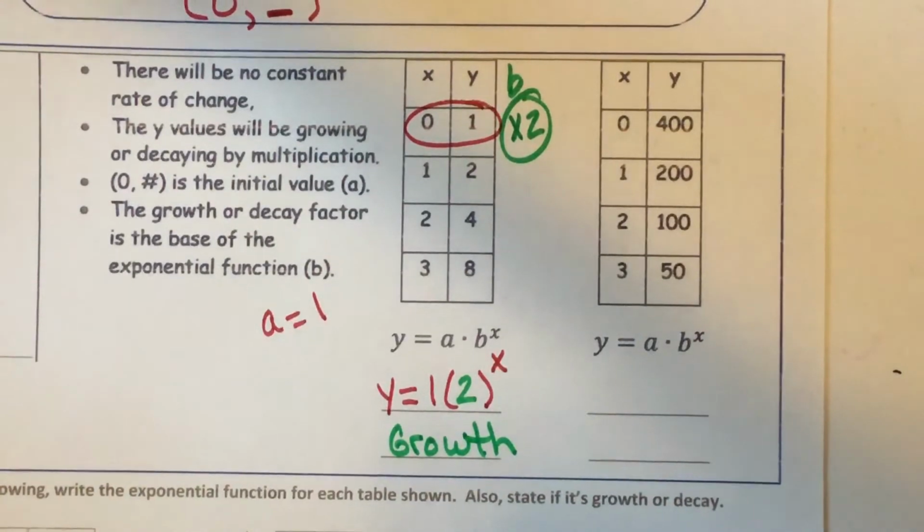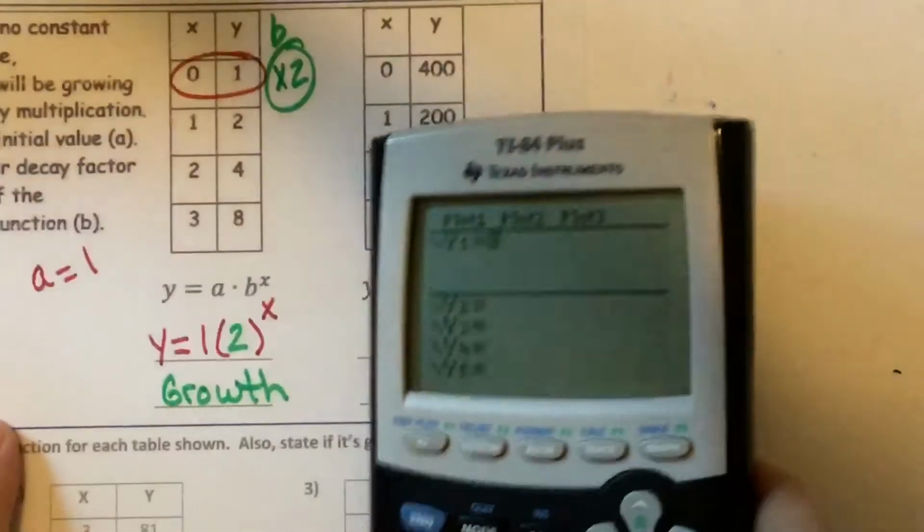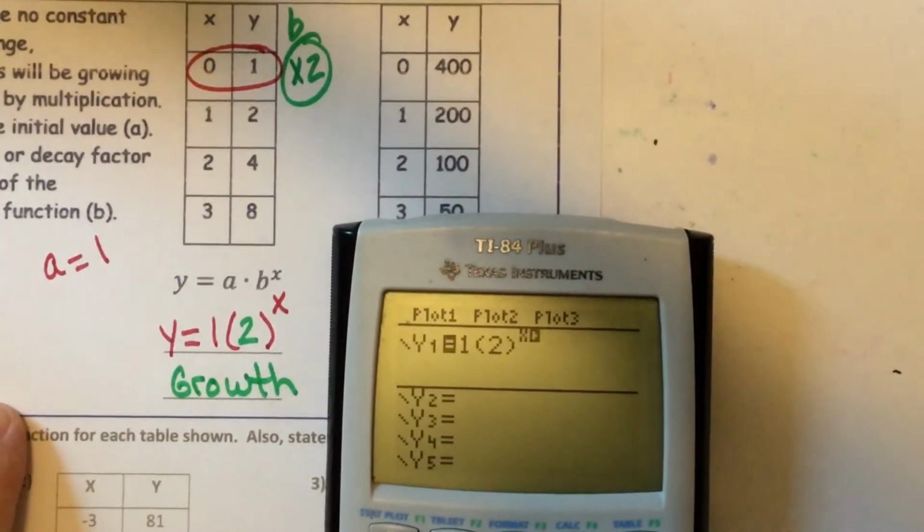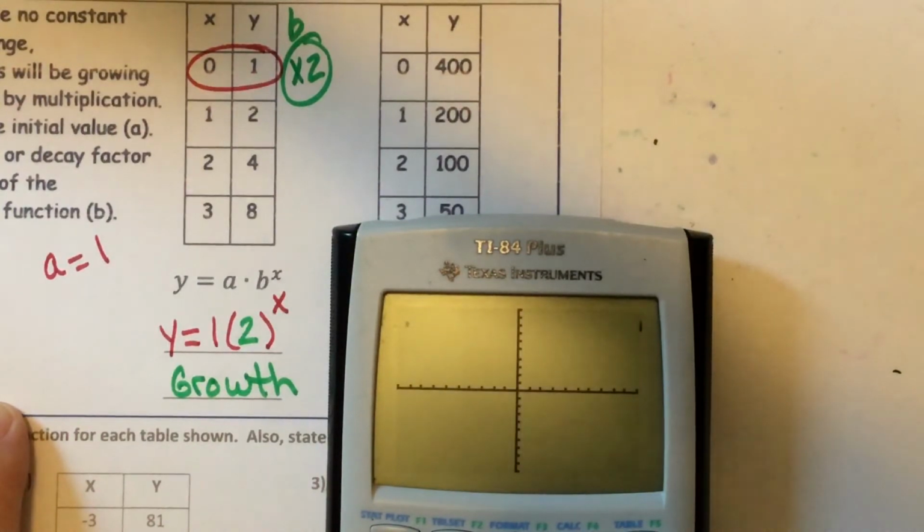And I'm just going to show you a picture real quick. There is the graphing calculator on our computer, but I'm just going to do it on my graphing calculator real quick so you can see it. So I'm going to type that equation in, 1 parentheses 2 raised to the x, so you can see what exponential growth looks like. And this is your typical exponential growth graph.